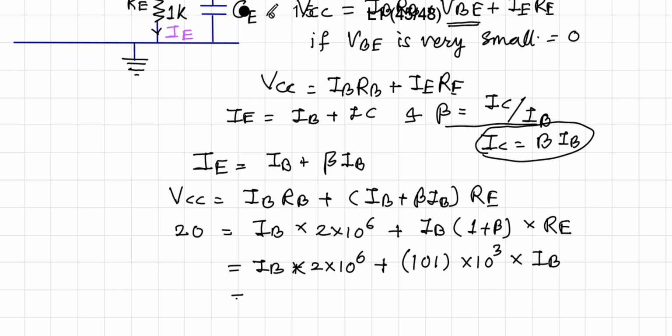So here we get the value 2.101 into 10 raised to 6 into IB, and that is equal to 20.